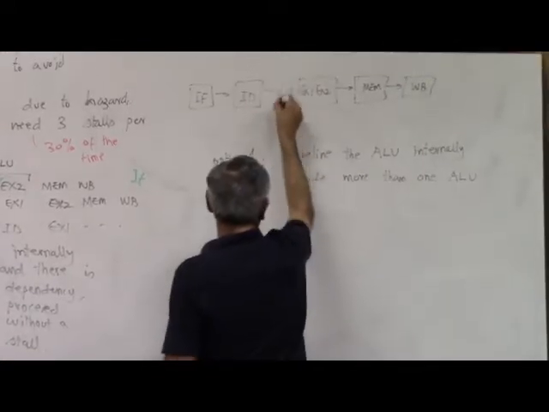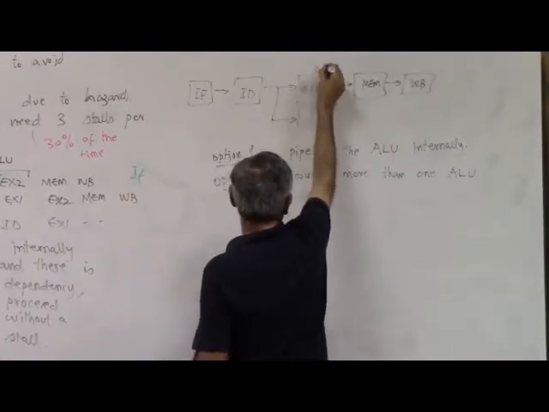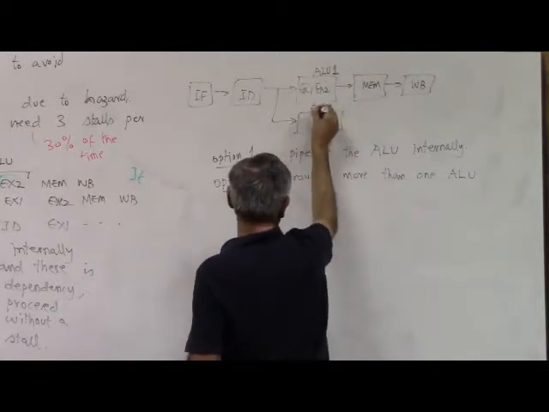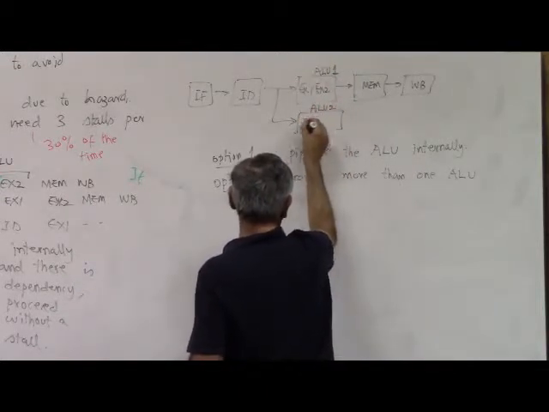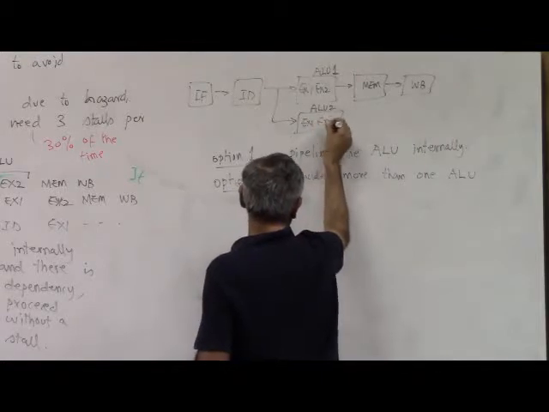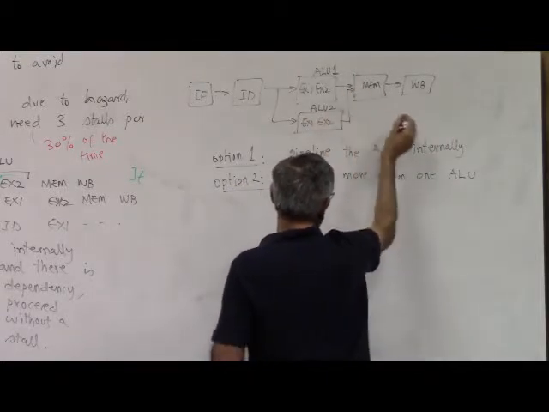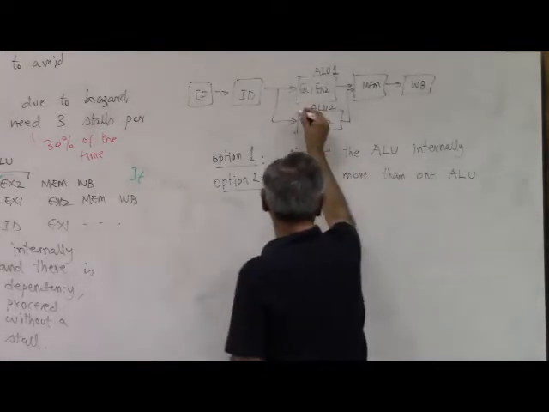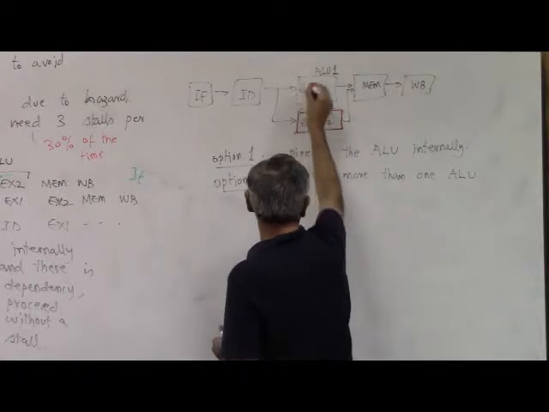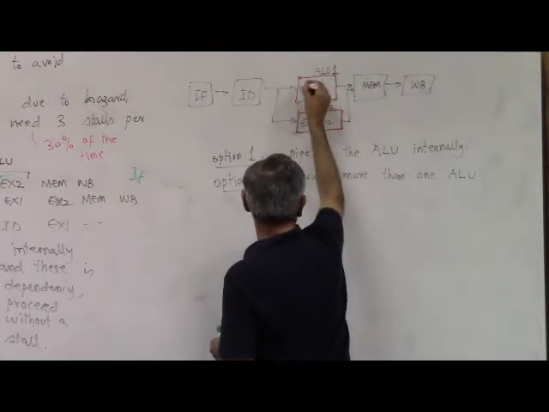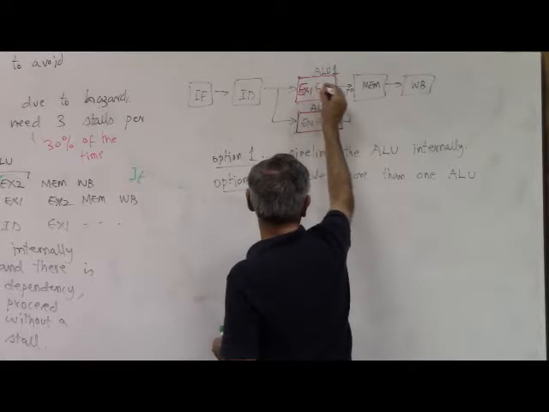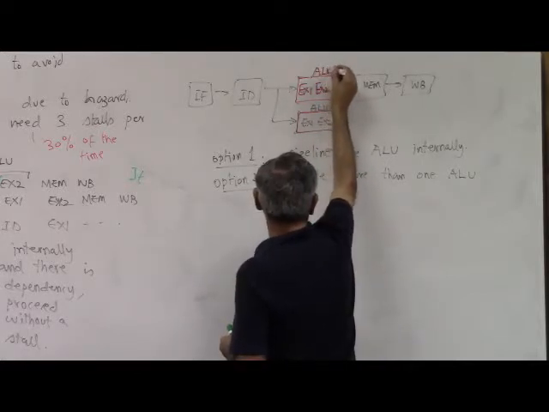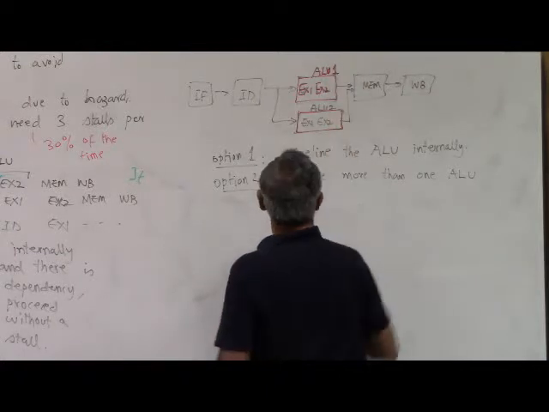Over here, this is our ALU1, and this is our ALU2. So we have two ALUs, and they are not internally pipelined.